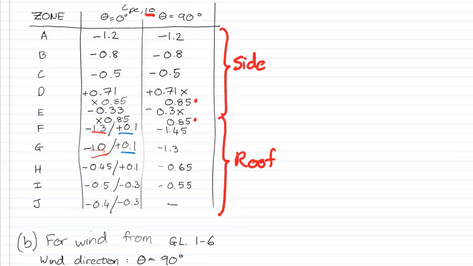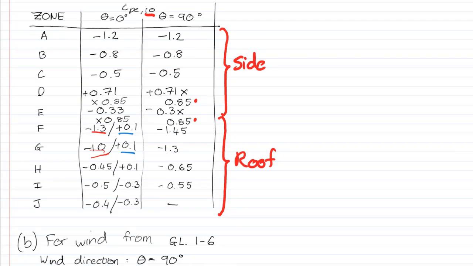It's only when I'm looking at a model where both sides are acting and both sides are considered at the same time will I use that 0.85 factor. If I'm just looking at one side on its own, I will use the unmultiplied factor, so the 0.85 won't be there. So just a clarification in terms of that.